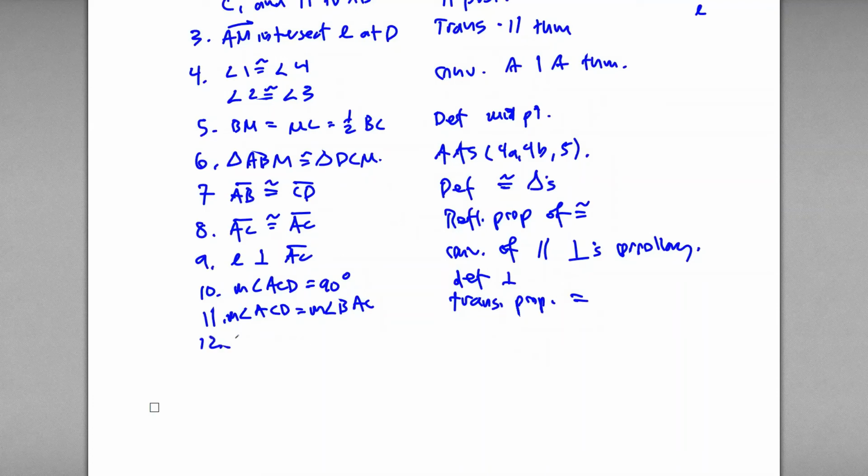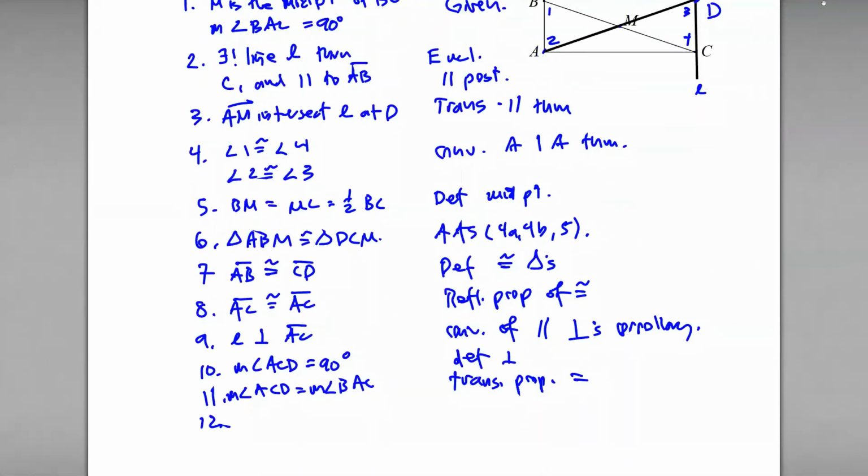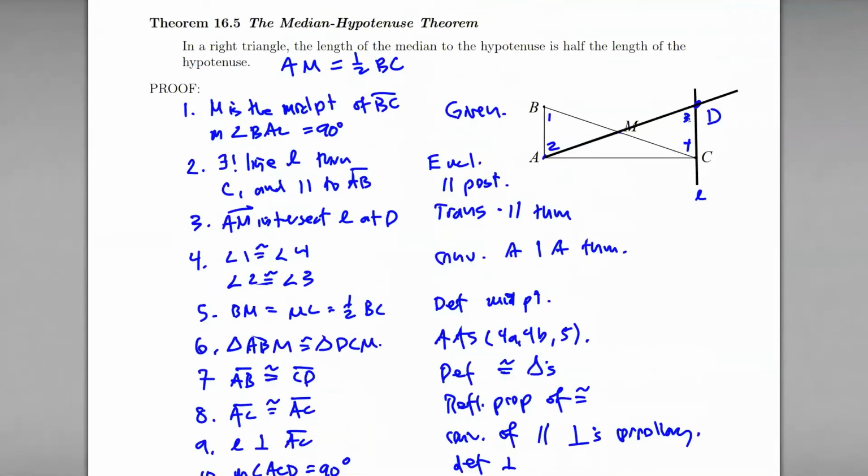Cool. So this gives us angle. We had congruent sides, and we have angles. Oh no, we have side, side, and the angle that connects them. That's where we were, right? BA is congruent to DC, AC is congruent to AC, and now we have that both of these are 90 degrees.